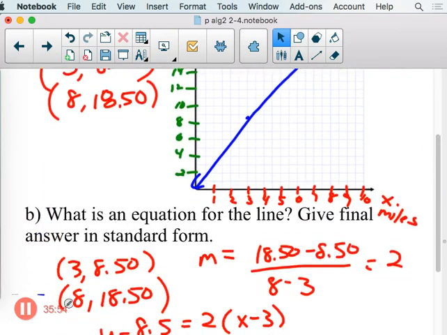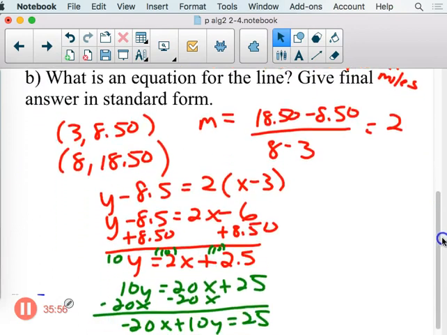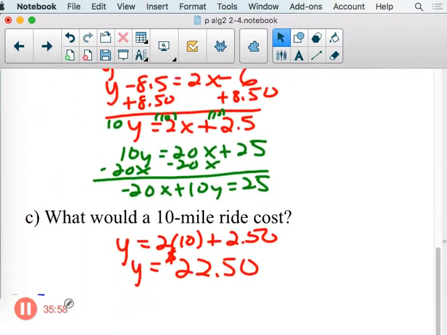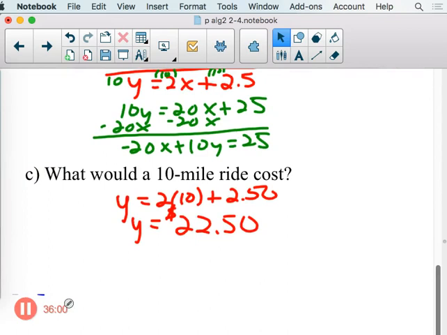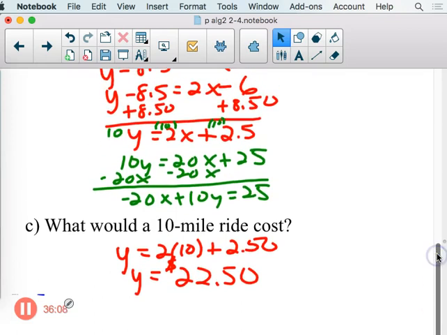It would be really, really silly to use the standard form equation and put a 10 in here for x, because then you've got to move things over and divide. That's 2 steps versus putting the 10 in this one. 2 times 10 is 20. 20 plus 2.50 is 22.50. So you want to pick the best equation for the job. What are you doing? What would make that simpler and faster?